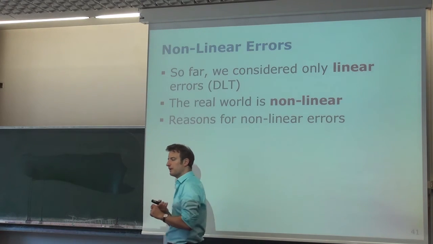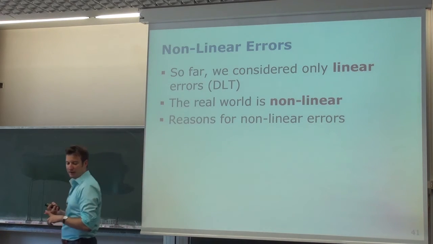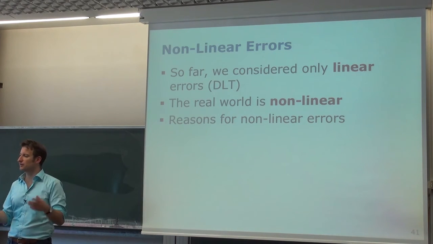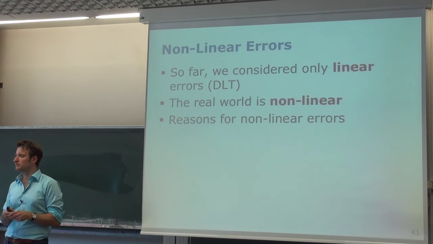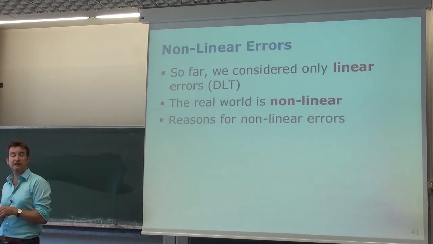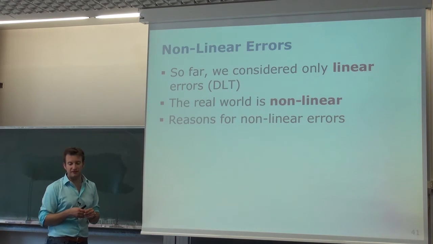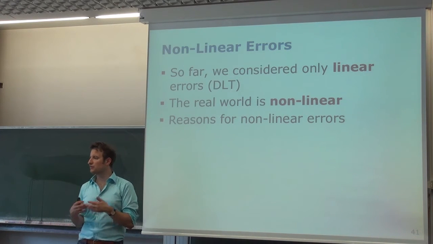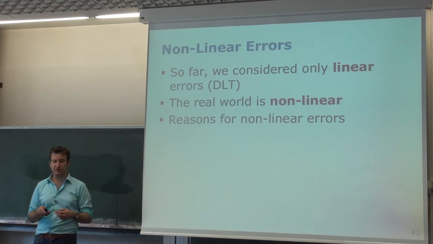This has a strong effect. If you simply have a fisheye lens, where straight lines are not mapped onto straight lines anymore, this is a nonlinear effect. Or things like if the sensor is not perfectly planar, and other effects which cause nonlinear errors.